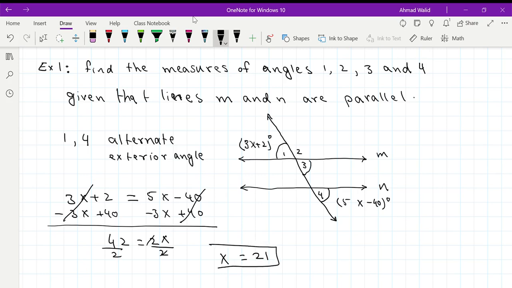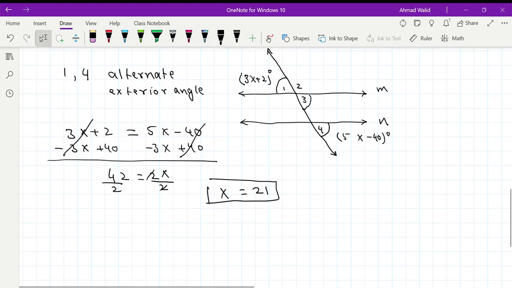As soon as I know the value of x, isn't it easy to find the measure of angle 1 in terms of degrees? Because I know it in terms of x. Look, angle 1 equals 3x plus 2 degrees.